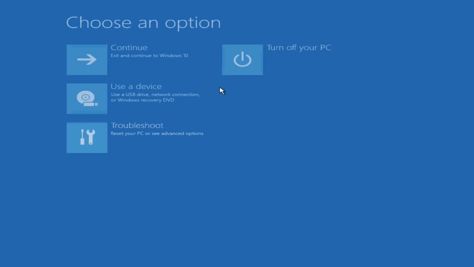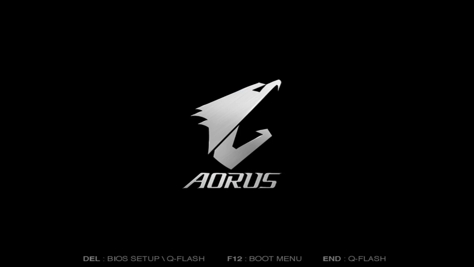Alright, startup repair is going to run again. Okay, same crash once again. Alright, well, we'll go back down to 5.1 and we'll see what our voltage looks like.